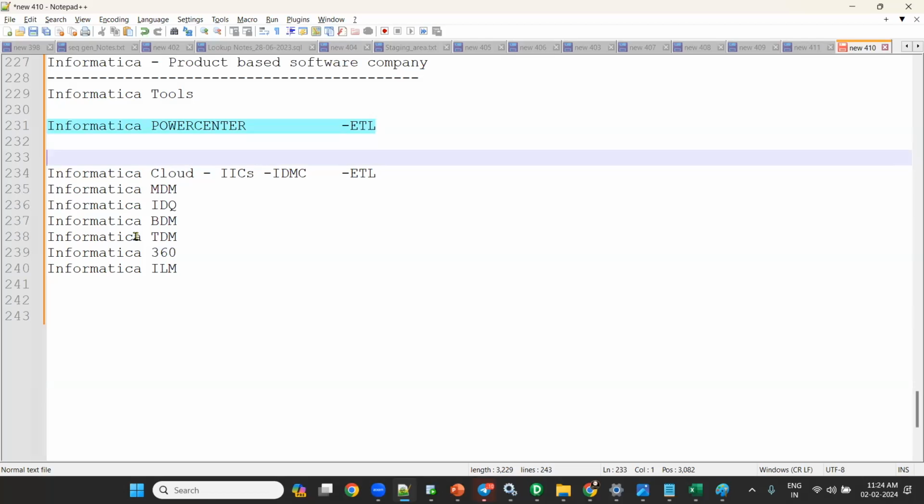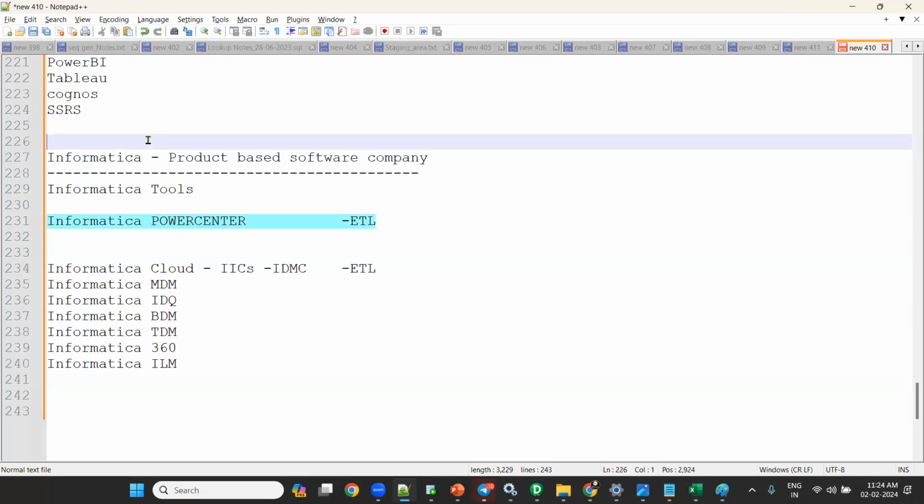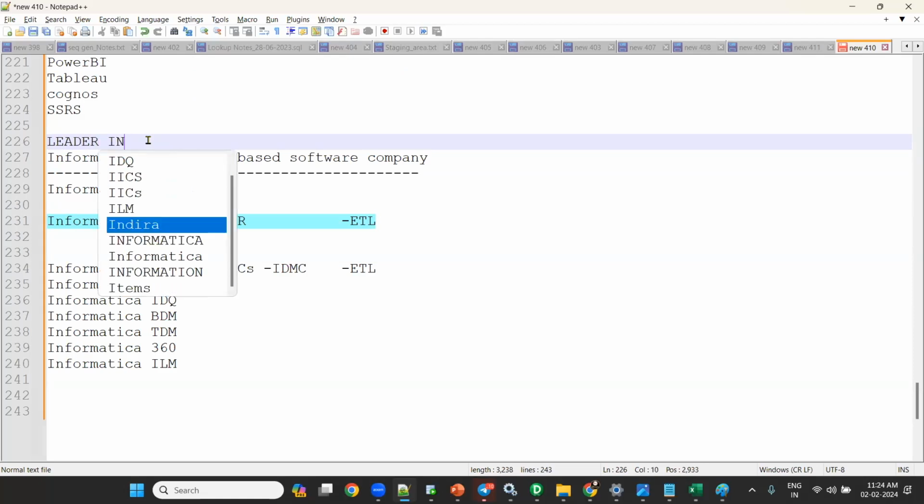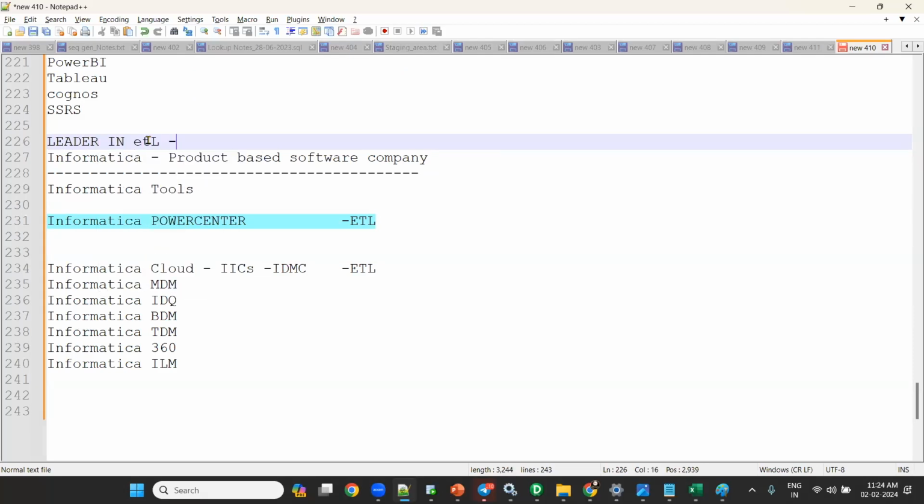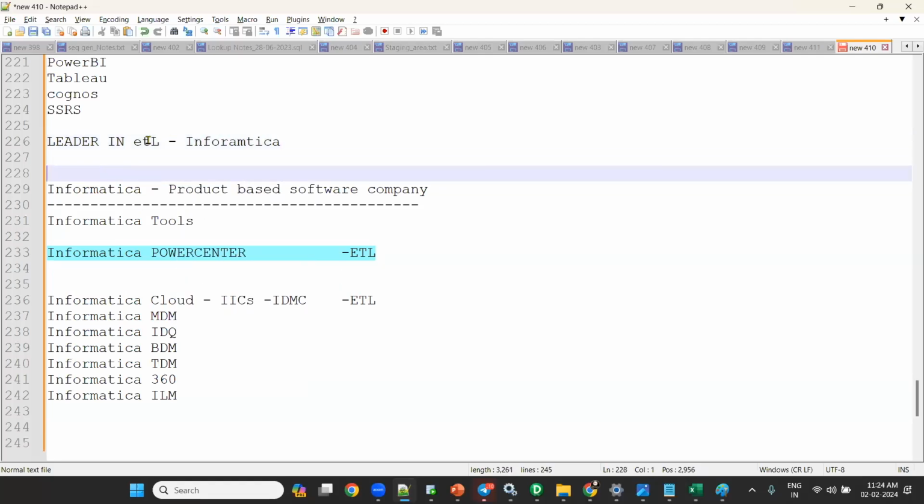So these are all designed by the Informatica company. Informatica is a product-based software company like Samsung, Apple, Microsoft, Google, etc. Who is the leader in ETL? The leader in ETL is Informatica, the world-class leader.